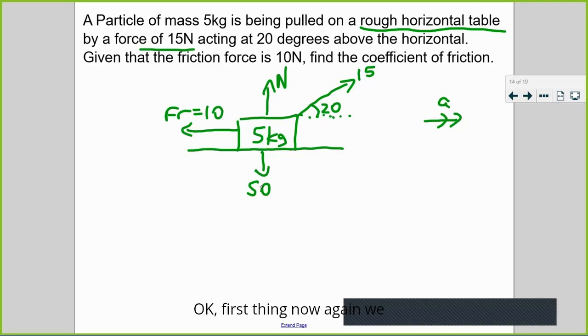Okay, first thing, now again we have a diagonal force. We need the vertical and the horizontal component of this.